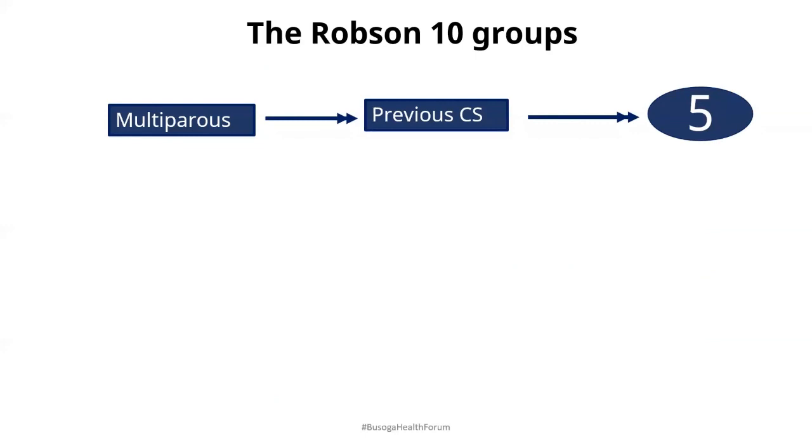But importantly to note that in group 5, as we well know, a mother can have one or more previous scars. So group 5 can actually be subdivided into those having only one previous scar and those having more than one previous scar, because that's crucial in determining whether you're going to offer VBAC or not.